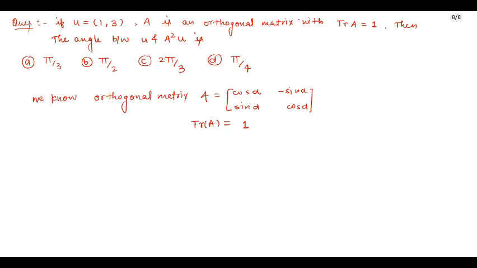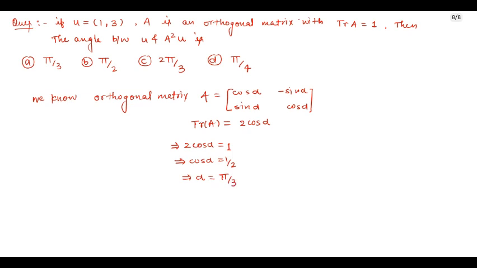Here the trace of A is given as 1, so 2 cos alpha is equal to 1, which means cos alpha is equal to 1 by 2. Then alpha is equal to, the minimum angle, pi by 3.